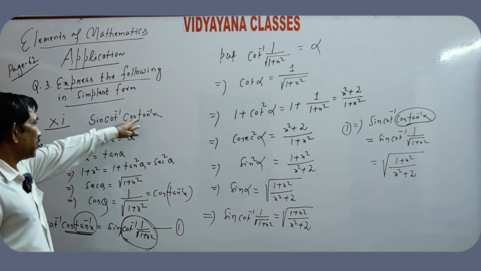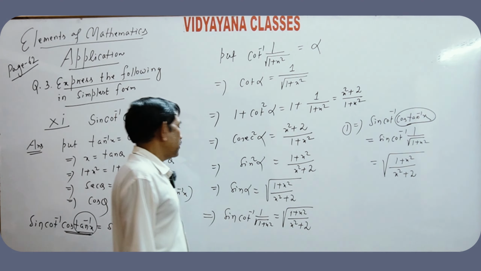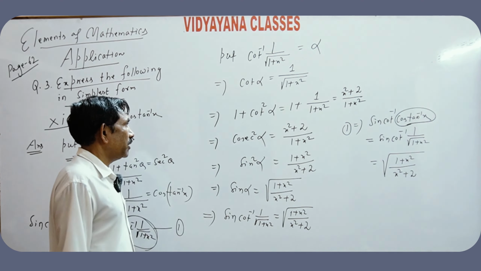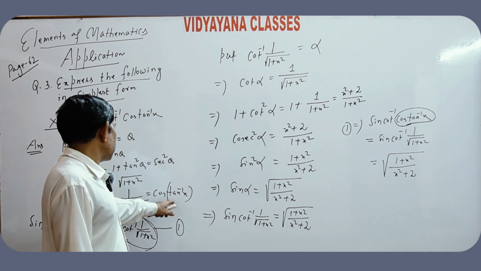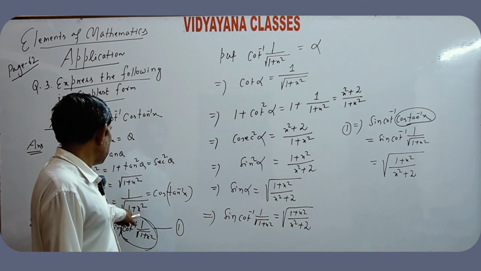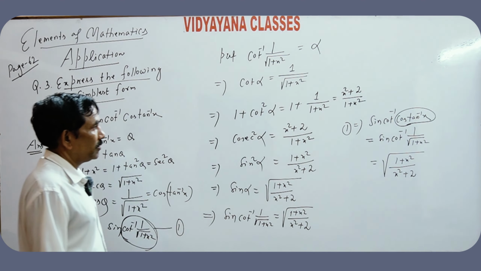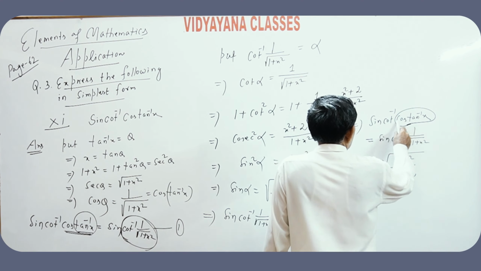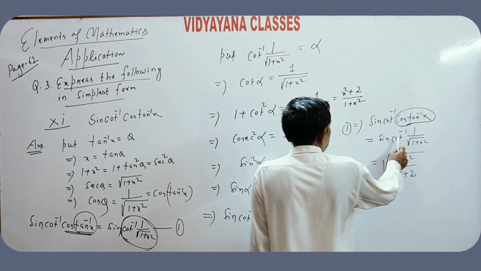Since theta is tan inverse x, the result cos tan inverse x is 1 divided by root of 1 plus x square.